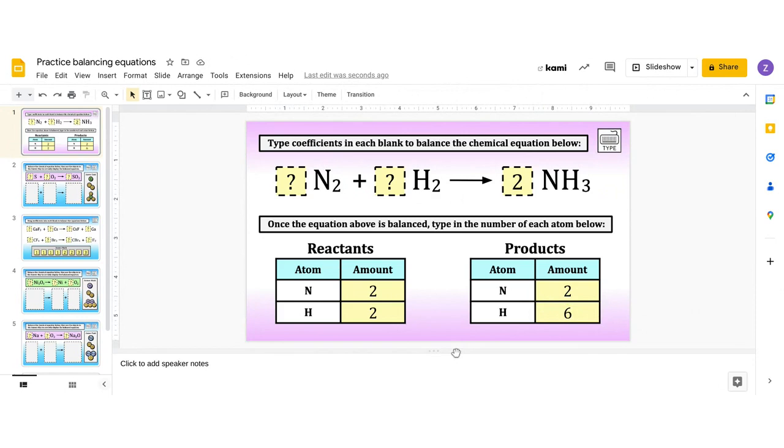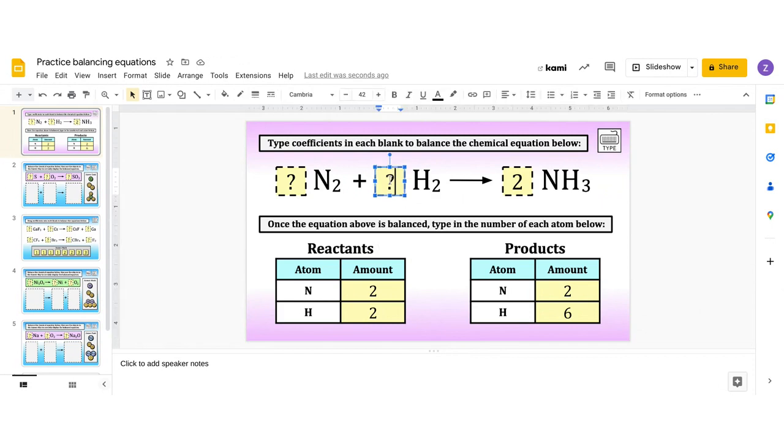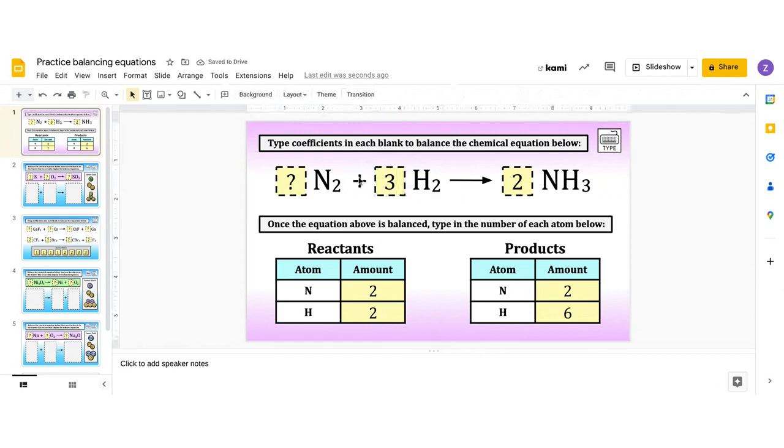So the question mark in front of the hydrogen, what are we going to put in front of that to make it turn into something times 2 gives me 6? Times three. Right. So you're going to put a 3 right there. And then you're going to put a 6 down below where the H is.